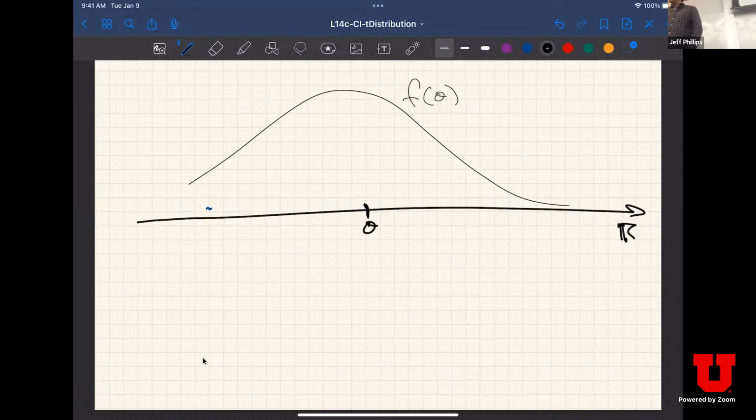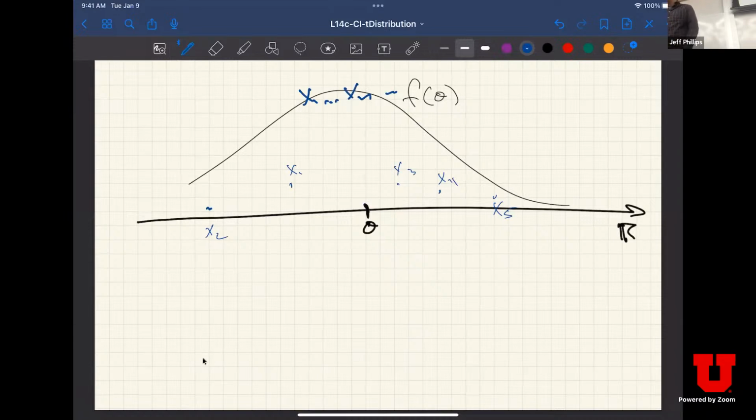And we're going to draw some samples, x1, x2, x3, x4, x5, which are drawn from this distribution. I'm drawing them abstractly here. So x1 up through xn are all drawn from this distribution.